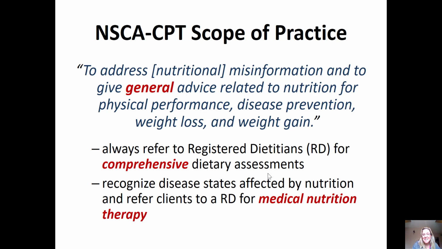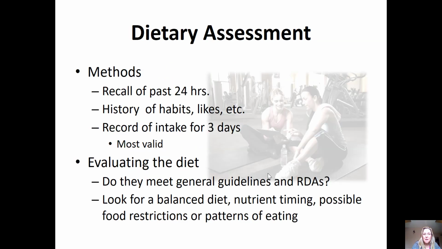Even people who have diseased states might need medical nutrition therapy, so they would be referred to a registered dietitian. As we've stated before, when in doubt, refer it out.